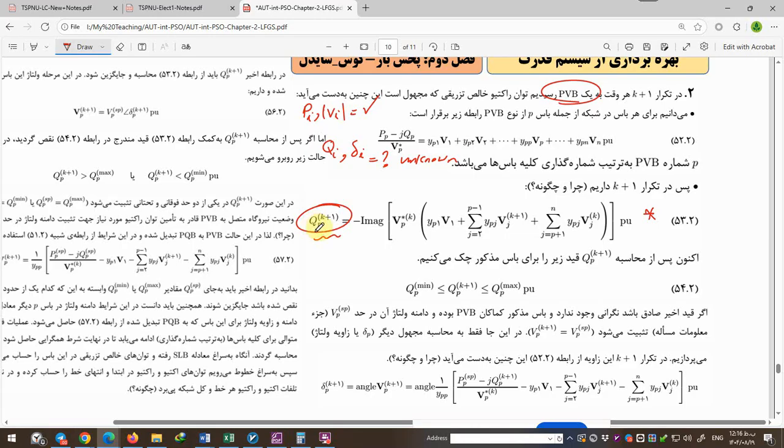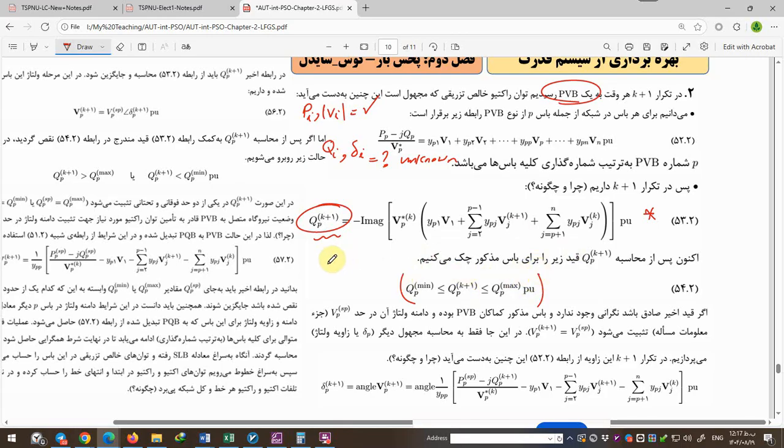and after finding Q in each iteration, we have to compare it with the maximum and minimum possible reactive power limitation.